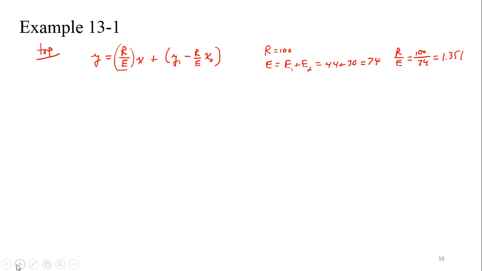Okay. So let's just say one point on this line is x naught, y1. So we need y1. So we're going to think about a mass balance. What mass balance should we do?